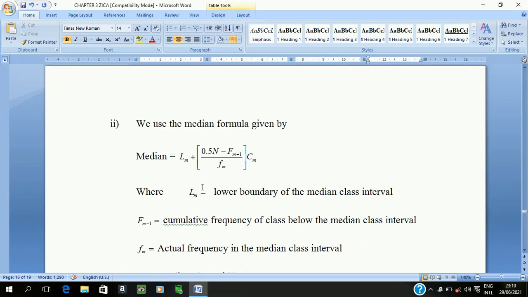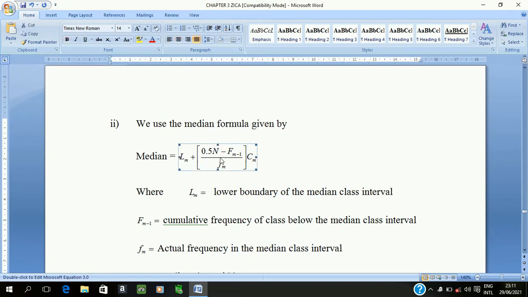What about the median? The formula for calculating the median is given as the lower boundary of the median class, plus, open brackets, 0.5 of n. N represents the number of values, and that number of values is the summation of f. Then minus the cumulative frequency of the class immediately before the median class.